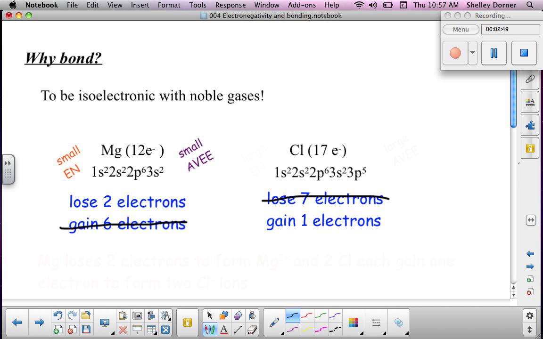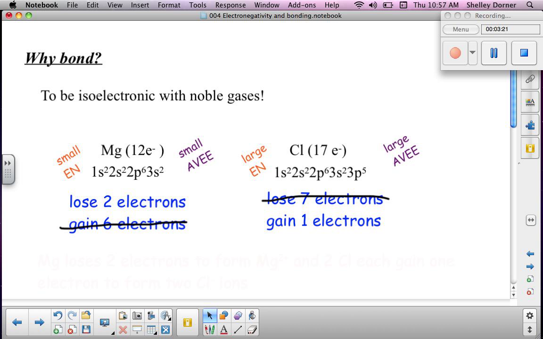Again, we look at the situation and we feel like gaining 1 electron would sure be a lot easier than losing 7 electrons. But we have to remember the chemistry behind this. Chlorine has a relatively large average valence electron energy. That means it holds on to its valence electrons quite tightly. That being the case, chlorine isn't going to be able to lose 7 valence electrons.